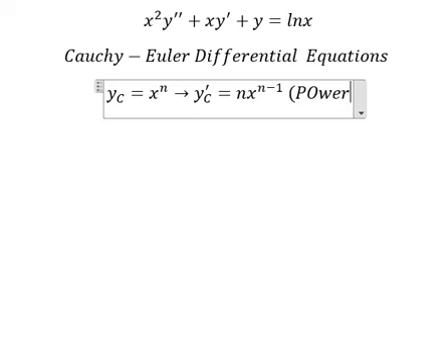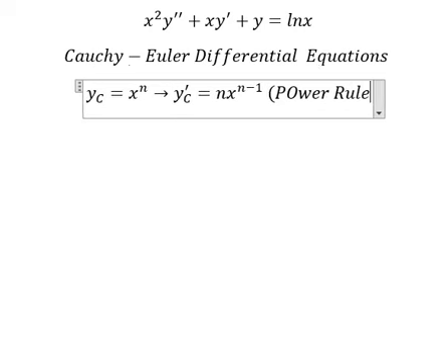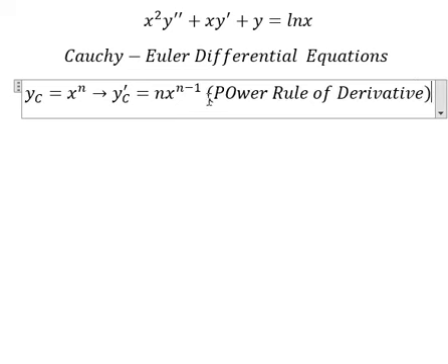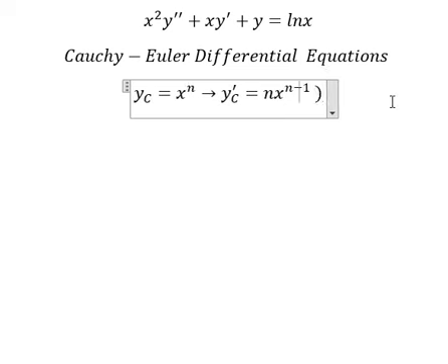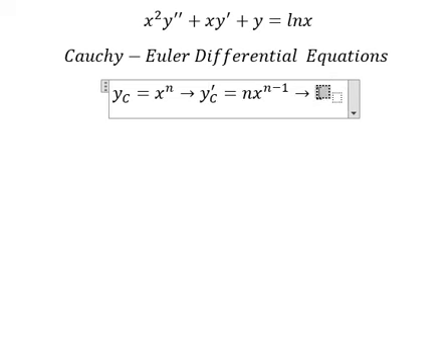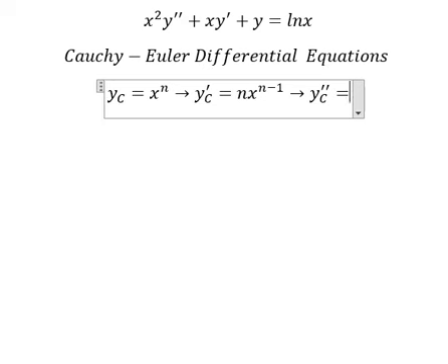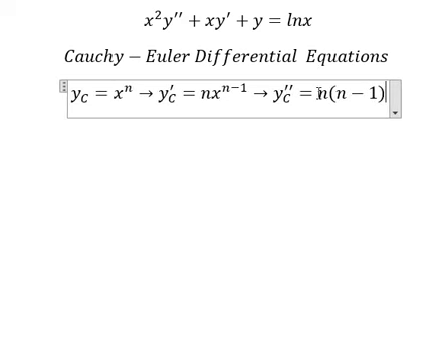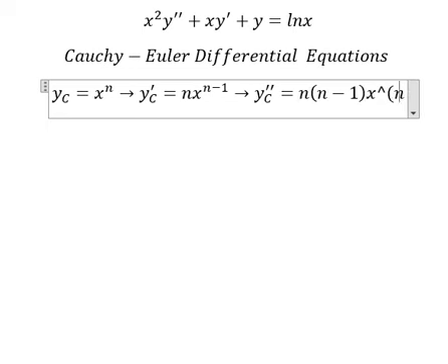This is the power rule of the derivative. And now we go to the second derivative of this one, and that is n multiplied by n minus 1 s to the power of n minus 2.